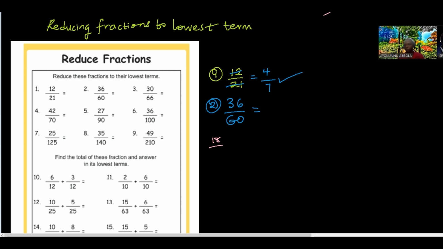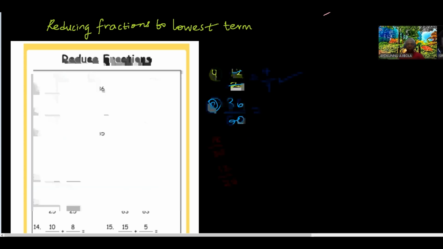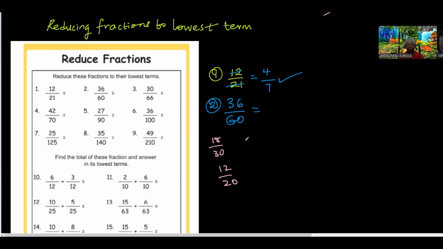But what if 3? If I use 3, I will have 12 over 20. If I use 4, 4 in 36, that's 9, okay? And 4 in 60, that's 15. And all these numbers are not in their lowest terms already.